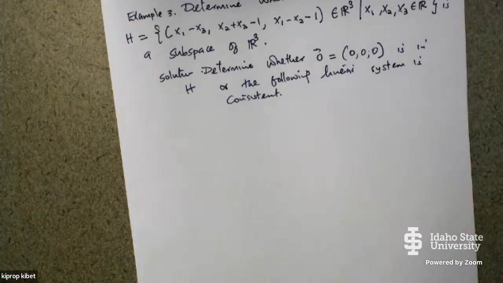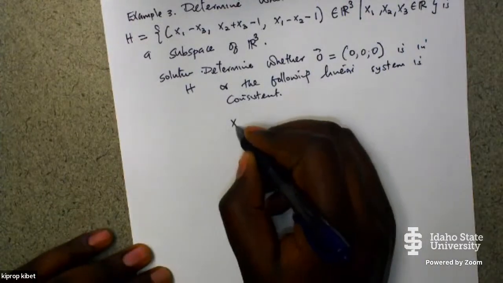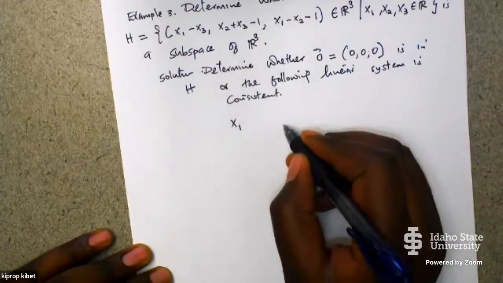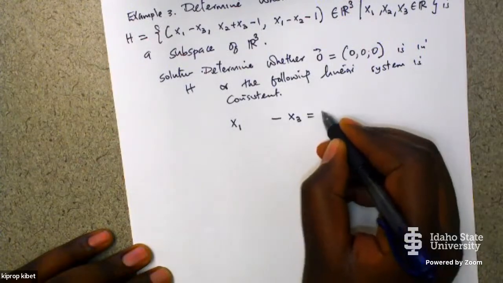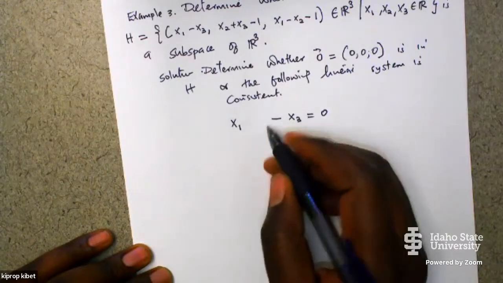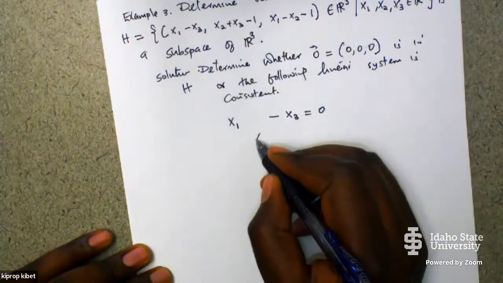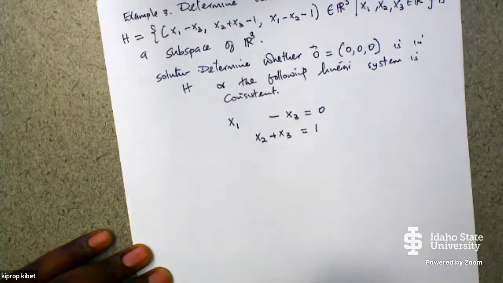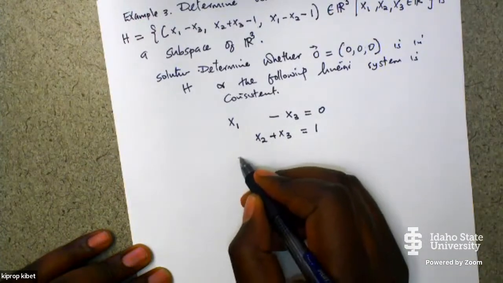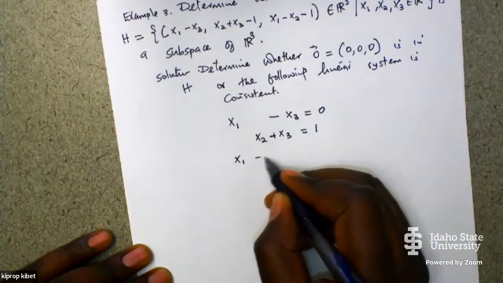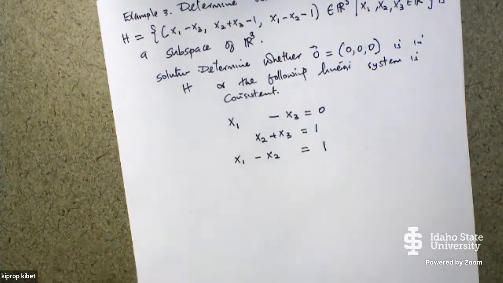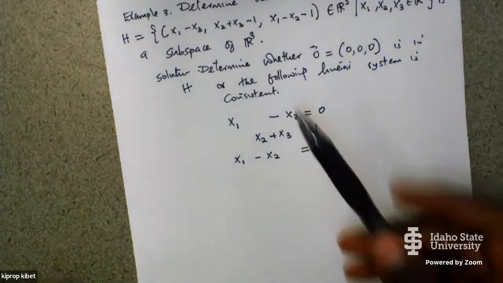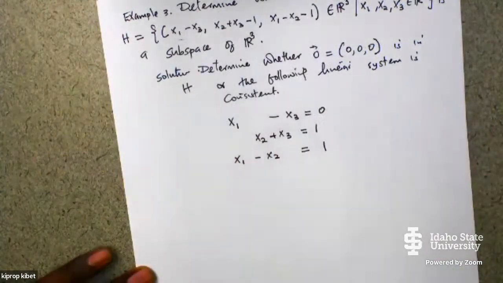We write this in linear system form: x1 minus x3 equals 0, x2 plus x3 equals 1, and x1 minus x2 equals 1.